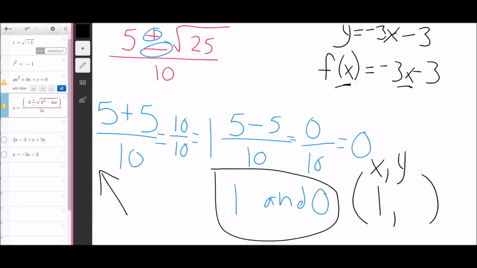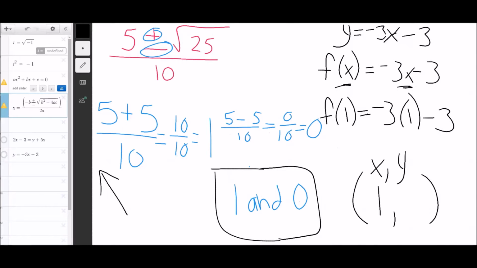Now we can just plug in x. And x is going to equal 1. So it's going to be f of 1 equals negative 3 times 1 minus 3. So negative 3 times 1 equals negative 3.